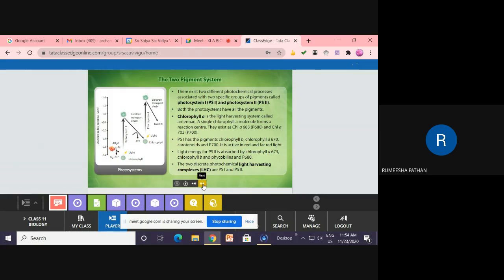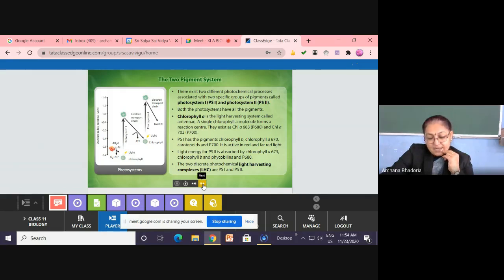Phycocyanin and erythrin. Yes, this should be remembered. You all have to learn these names just now. The two discrete photochemical light harvesting complexes are pigment system 1 and pigment system 2. So the light reaction will involve these two.